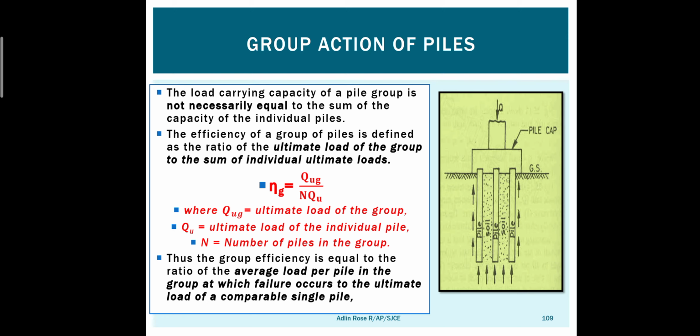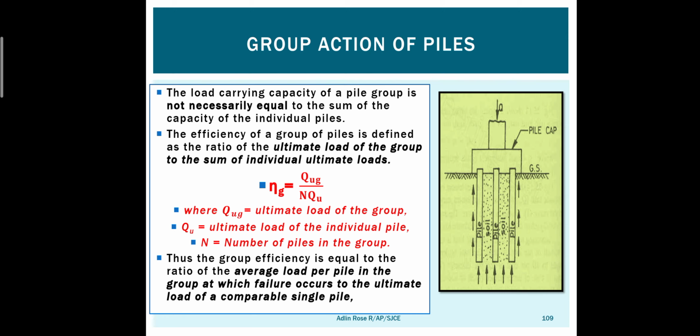Or in simple terms, in other terms, you can tell that it is the ratio of average load per pile in a group at which the failure occurs to the ultimate load of the comparable single pile. Which means, what is QUG by N? Among the total piles, what is the ultimate load?